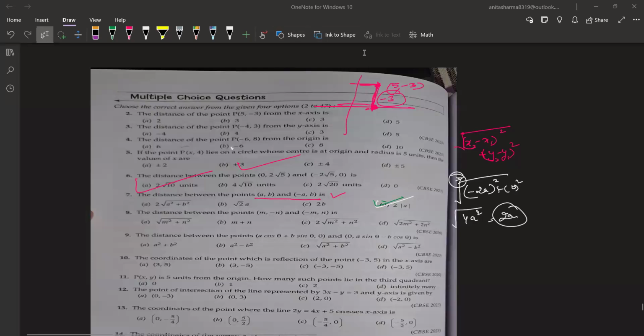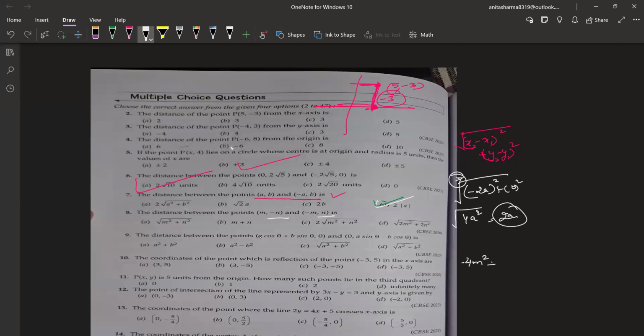Ma'am, it's C 2 times. Okay, let's check, beta. The 8th question is this. So it will be minus m minus m. So minus 2m square, right? So it will be 4m square, beta.